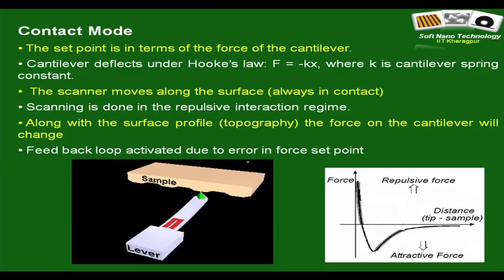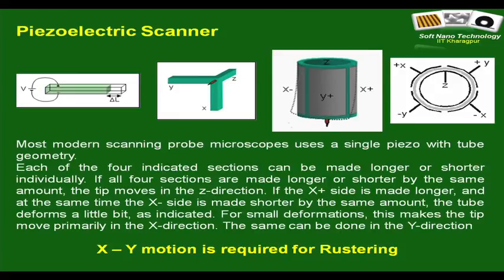I will not go into the details of this, except to highlight that this is roughly a cylindrical piezo, which is used in many of the high end microscopes these days, using a single piezo with tube geometry.